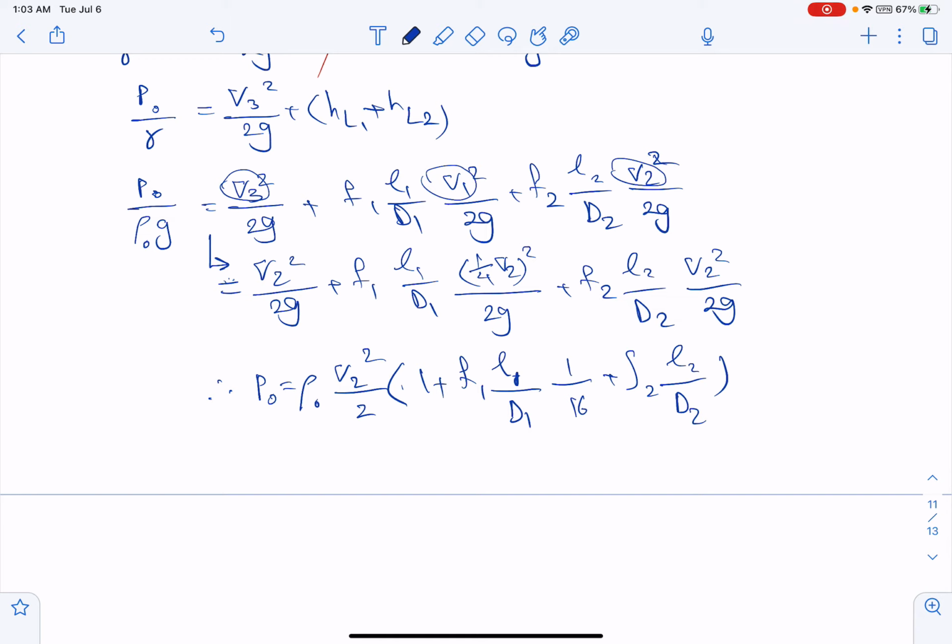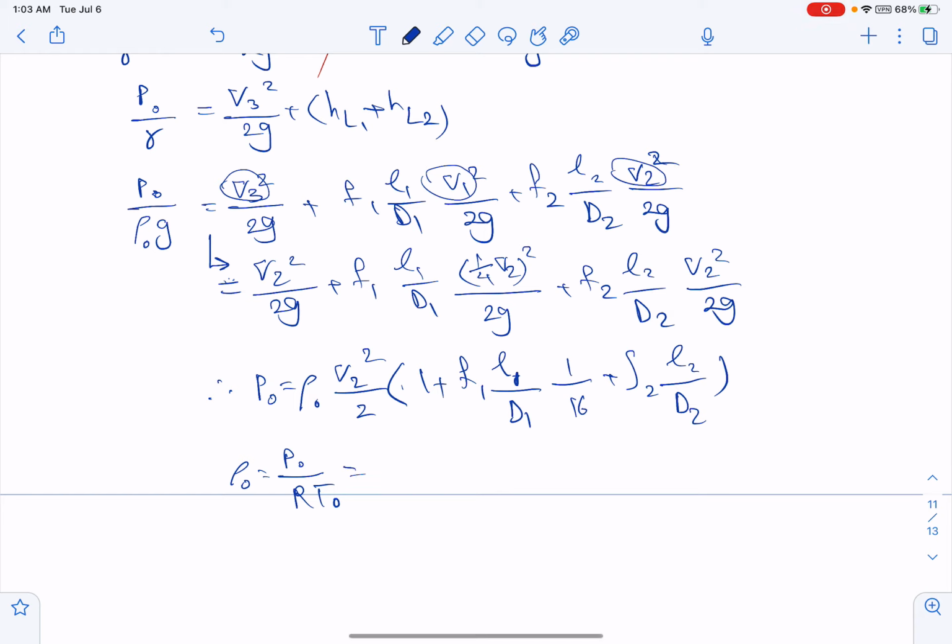This is the simplified formula that we have. Now for air at standard pressure, we know that rho 0 is equal to P0 over R T0.